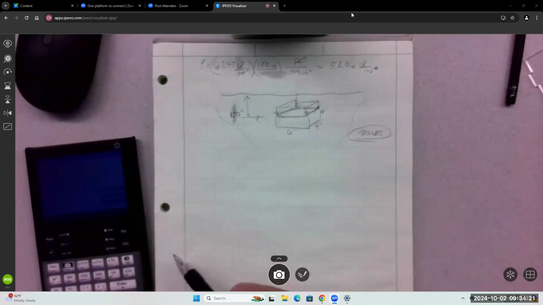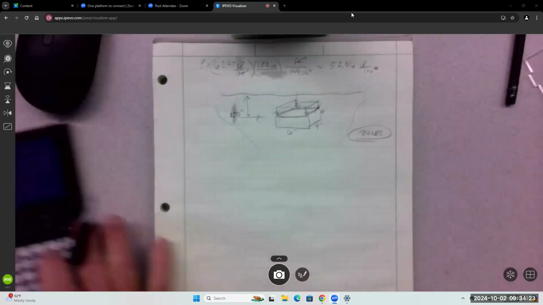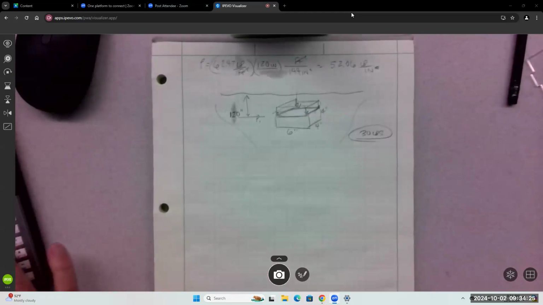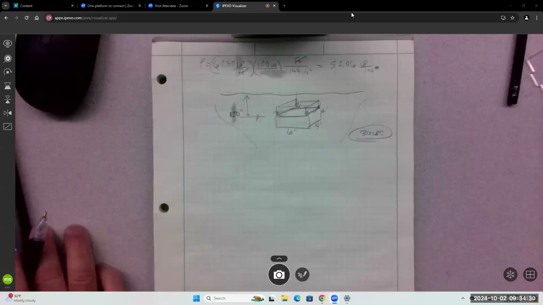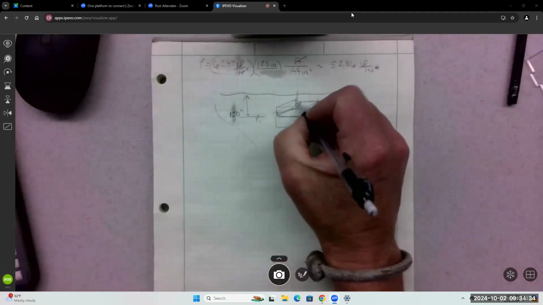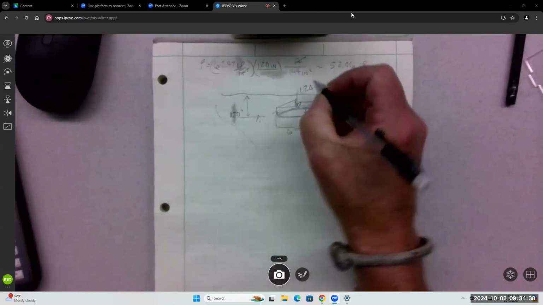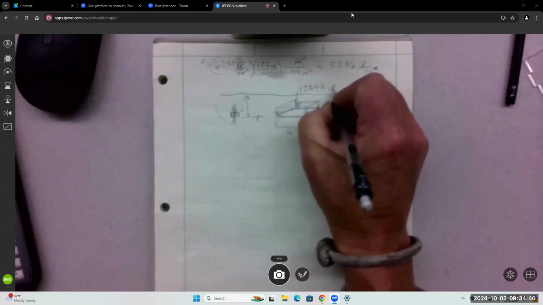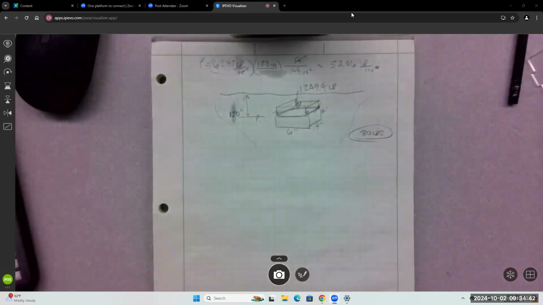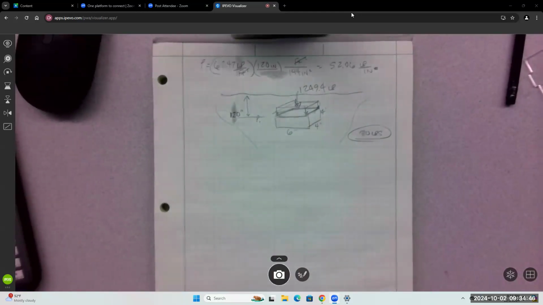Yep. Exactly. Just like we did before. So we're talking 1,249.4 pounds down. That's the column of water above that plate.